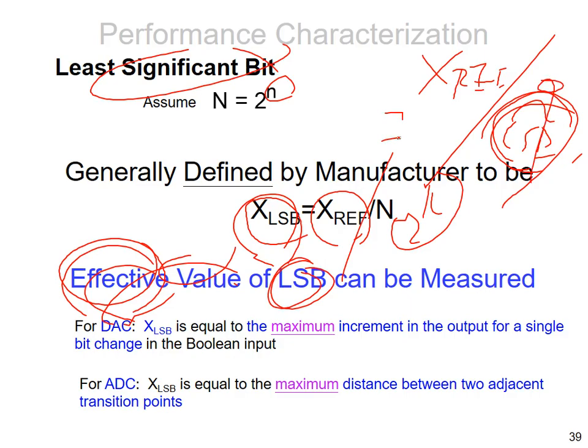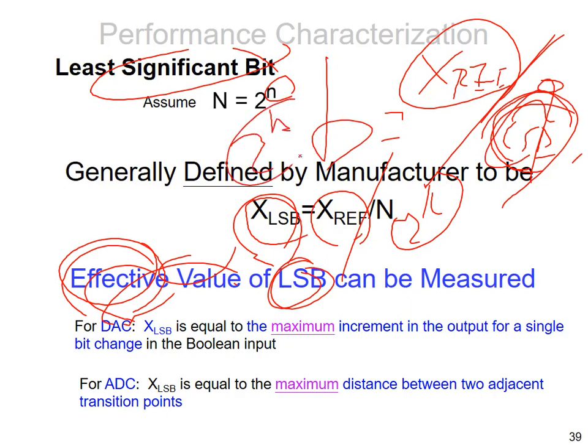Because this one is larger. So after you divide this by that, in theory, it should become this, right? But effective LSB is larger in practice. So after division, the overall value will be less than this. So it means what? The effective number of bits will be reduced.